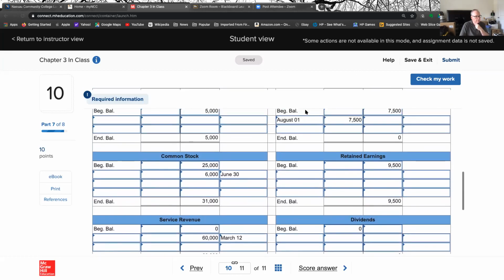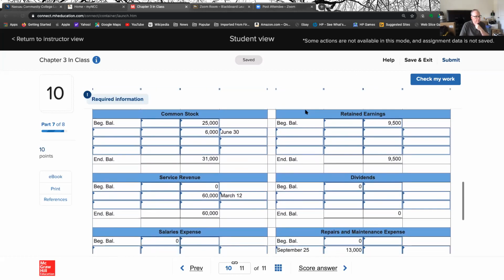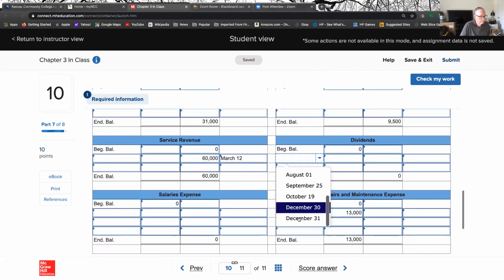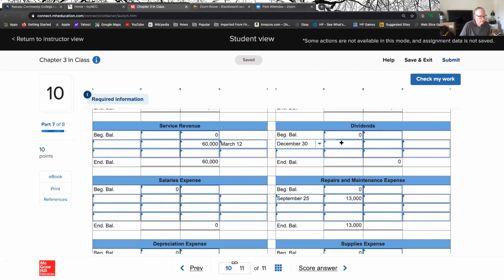Where's dividends? Here it is. That was December 30th. Debit dividends. And credit cash.